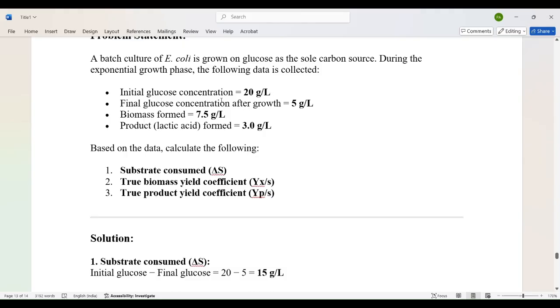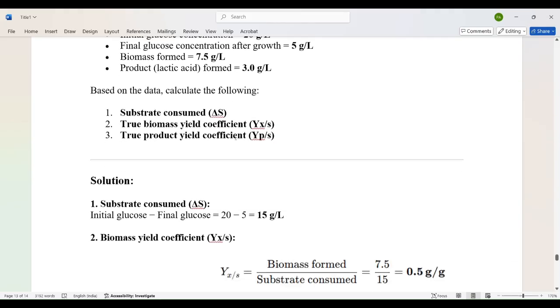Initial glucose concentration being 20 grams per liter, final glucose concentration after growth 5 grams per liter. So here if somebody asks how much glucose was utilized, then we can say 15 grams, isn't it? Now biomass formed, for whatever amount of batch is taken, is 7.5 grams, and the product, which is lactic acid, is formed as 3 grams per liter.